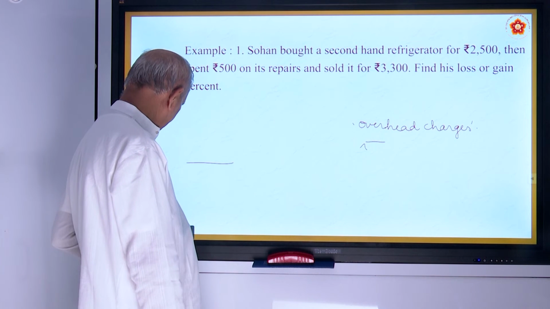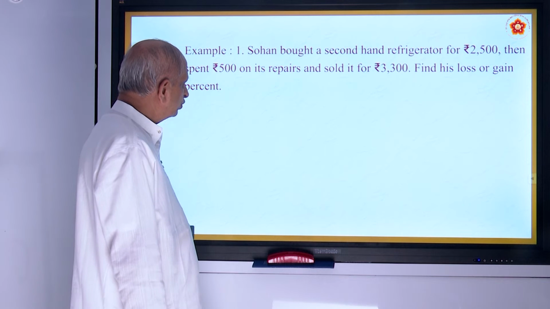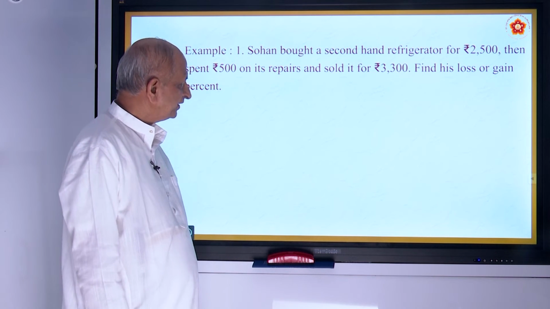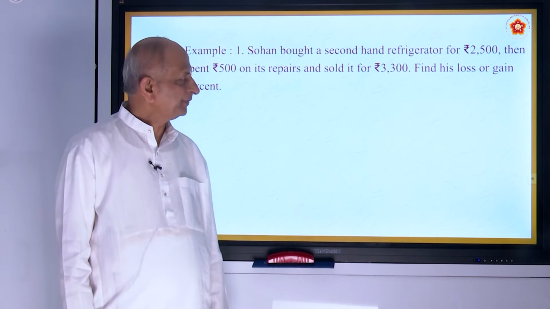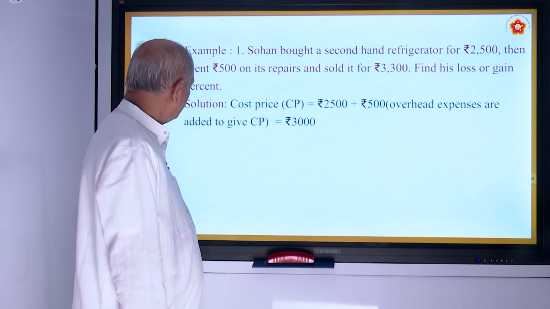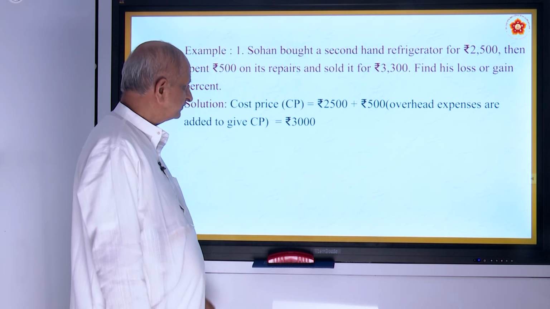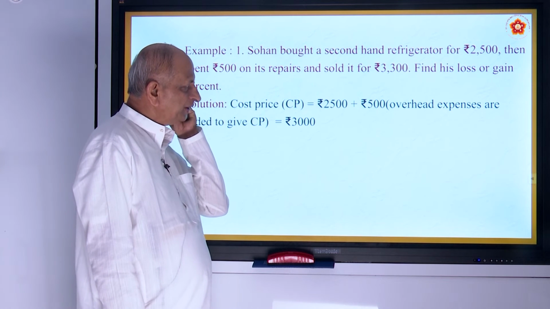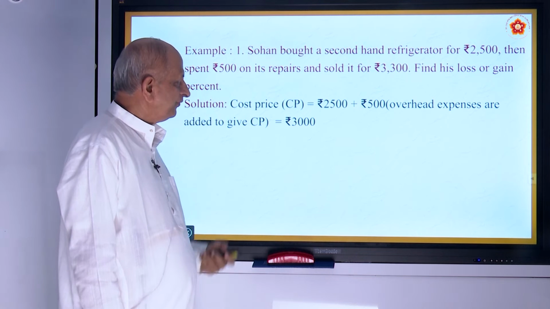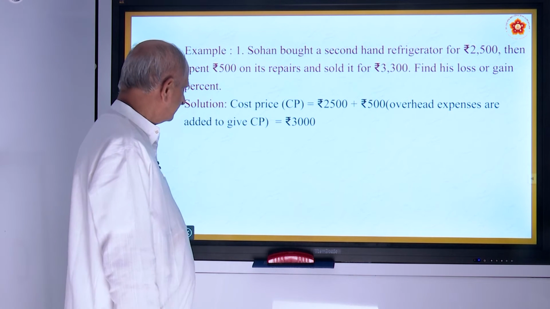Now we will work out some problems on this. Sohan bought a second hand refrigerator, means fridge, for rupees 2500, then spent rupees 500 on its repairs and sold it for 3300. Find his loss or gain percent.